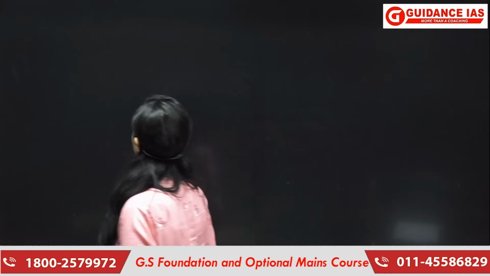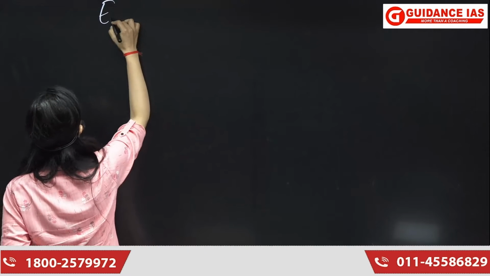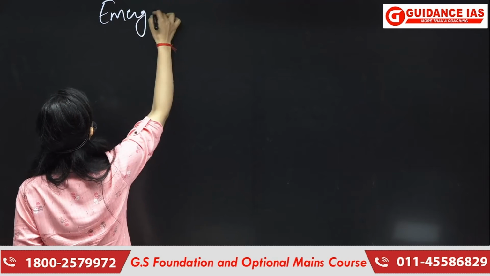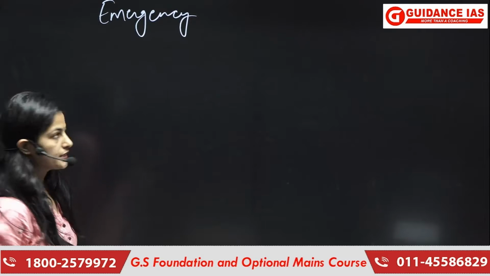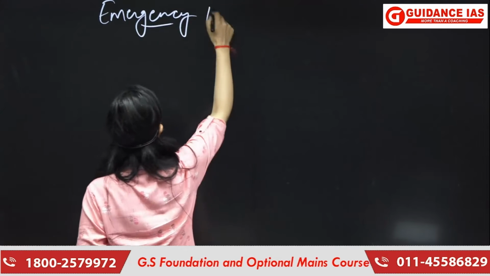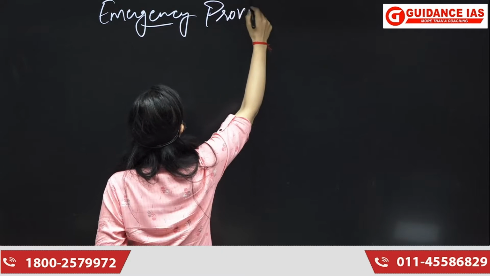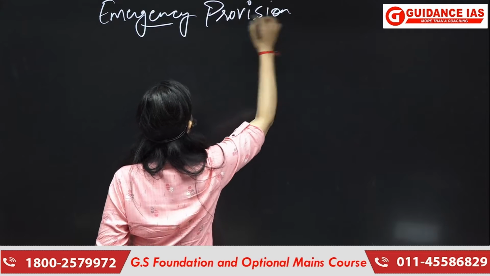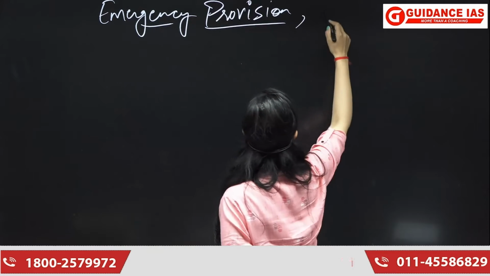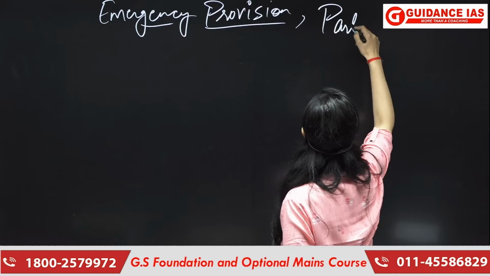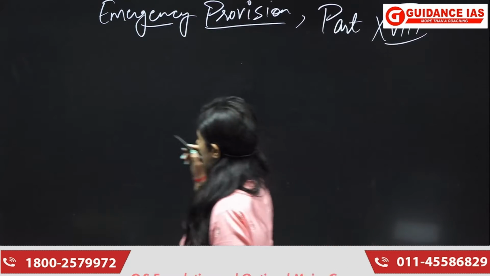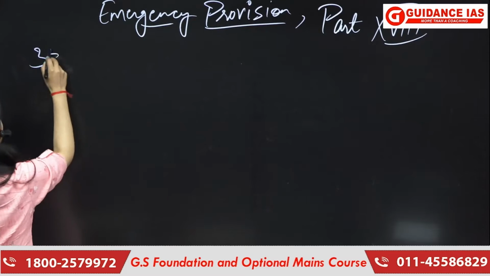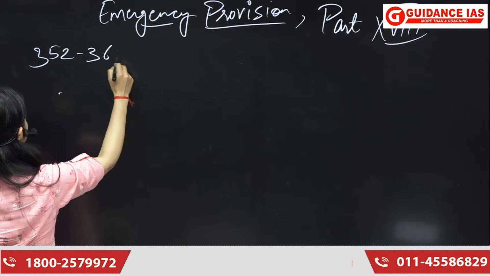Before that, I would like all of you to take up a very important static topic of our polity, which is emergency or the emergency provisions, which is present in Part 18 of our Constitution, dealing with Articles 352 to 360.